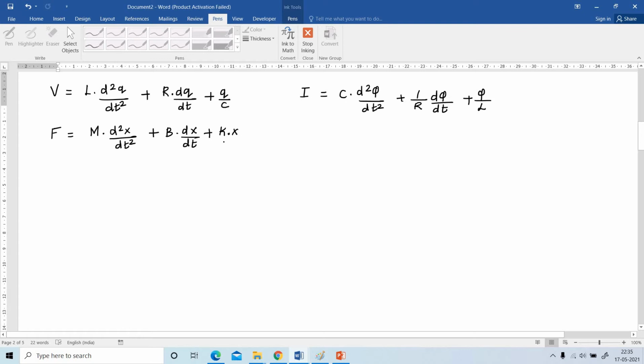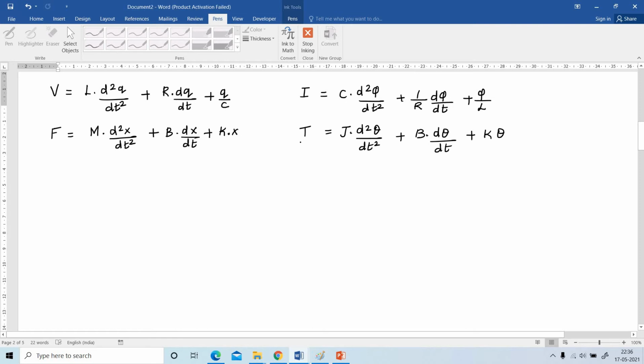In a similar manner, I am going to write the torque equation for the mechanical rotational system. The equation is T is equal to J into d square theta by dt square plus b into d theta by dt plus k into theta.